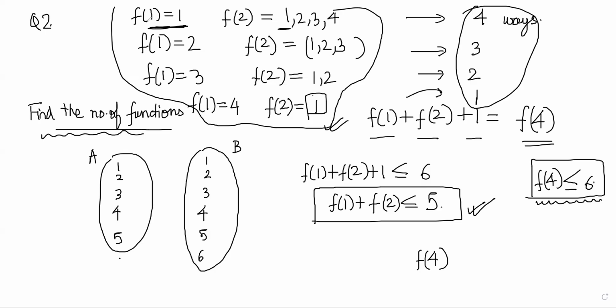Yes, sir. So in all of these cases, if f(1) is 1 and f(2) is 1, then you get the value of f(4) as 3, right? Yes. In this case also, if it was 2, then you would get 2 + 1 + 1, which is 4, right? Correct. So basically, f(4) is completely determined by the values of f(1) and f(2), right?